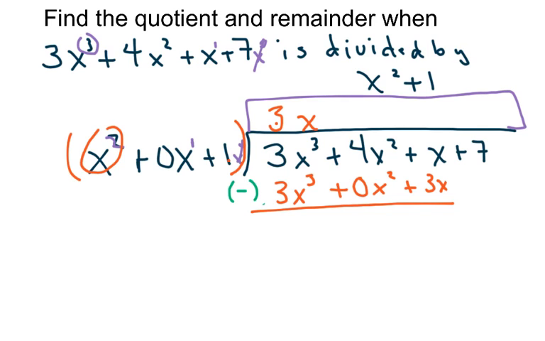That means we're subtracting each of these pieces here. So 3x cubed minus 3x cubed is 0, so that cancels out. I can go ahead and put 0 to the x cubed if you want. We really don't need it, but now subtract 4x squared minus 0x squared, and that's going to give me again 4x squared.